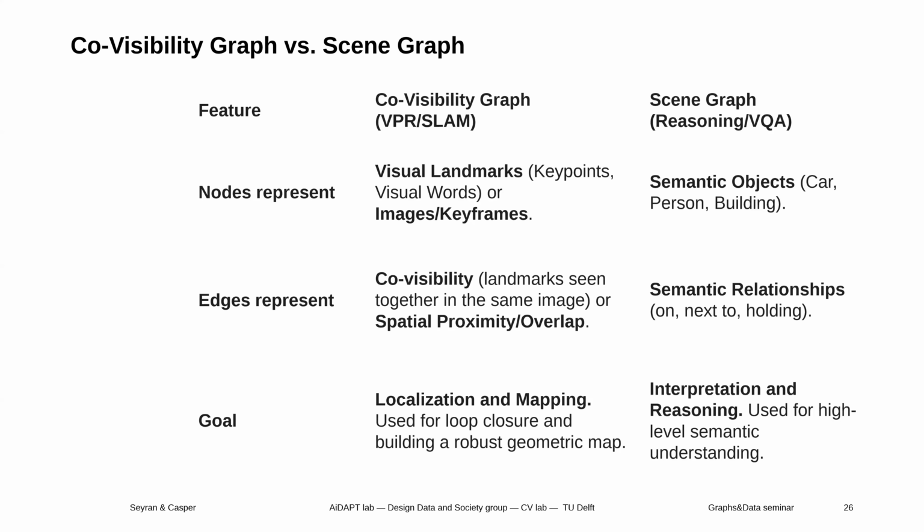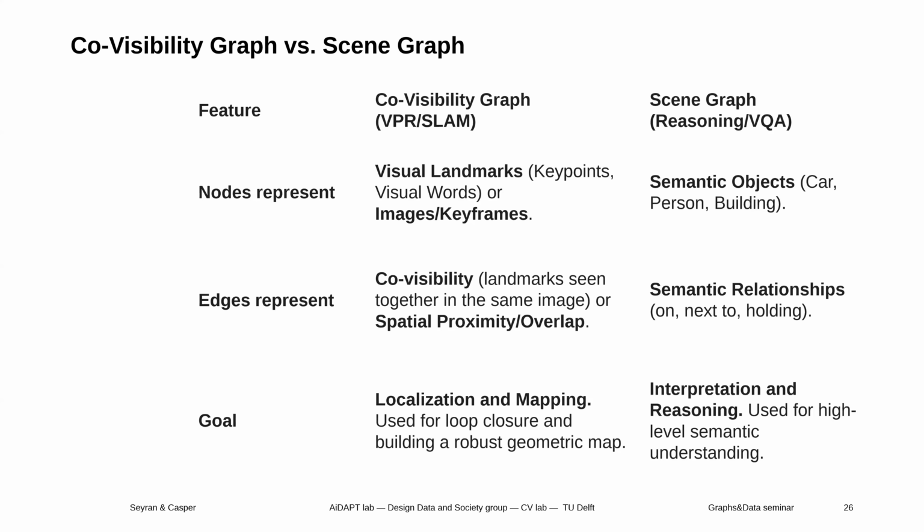So it's more about what these things are and what you can do with them. However, the co-visibility graph is really about where this image is, and how it is connected, from raw pixels or raw features, to another image, so that we can understand how the database is made. They have different goals.